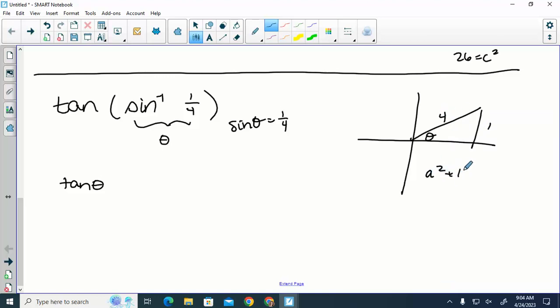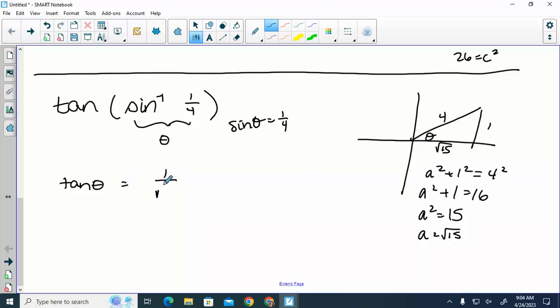A squared plus 1 squared equals 4 squared. So A is the square root of 15. So tangent is opposite over adjacent.